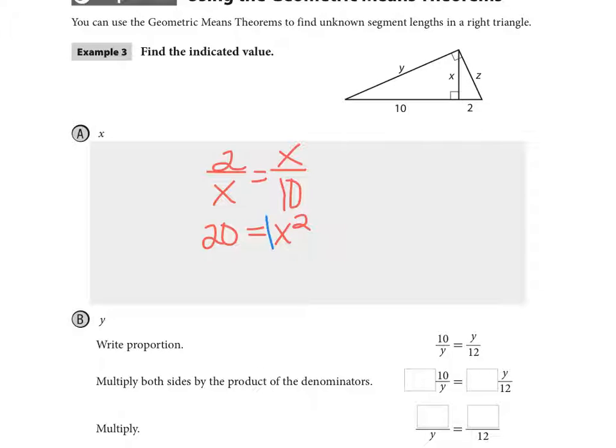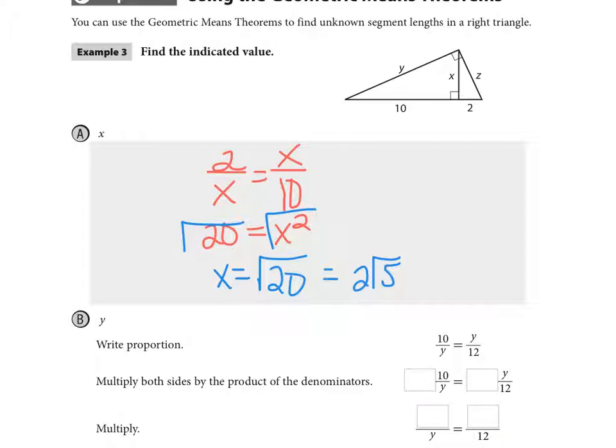I take the square root of both sides, and I get x equals the square root of 20, which can simplify to 2 times the square root of 5, which is about 4 point something.